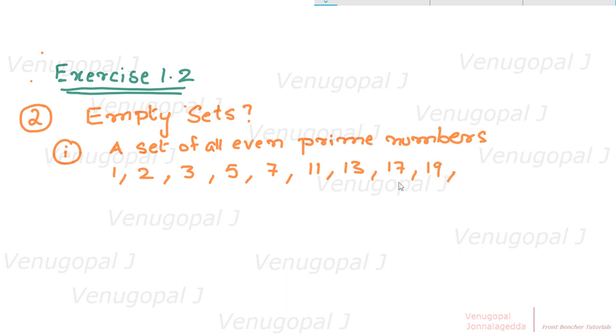Across all this you will find you are able to get only one even number which is a prime number.